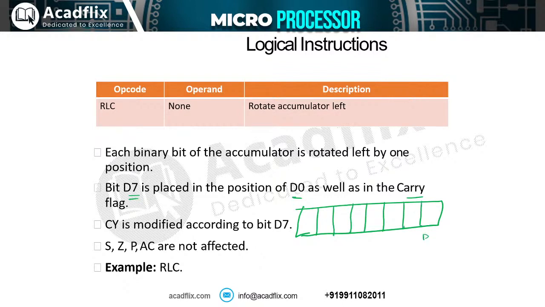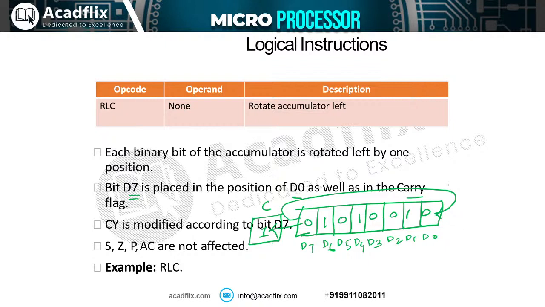When we are rotating with carry to the left, let us say this is the carry flag in which we have some value 1. It is saying that D7 is placed in the carry flag as well as in the D0 position. That means the carry flag will not go into the D0 position; the D7 value will go into the 0th position. Okay, it is saying like this.